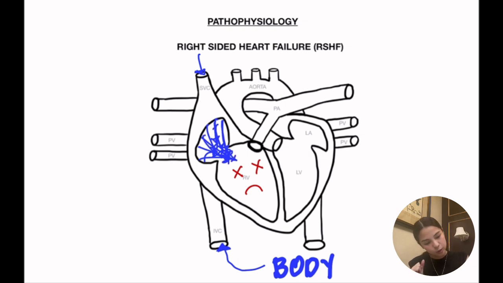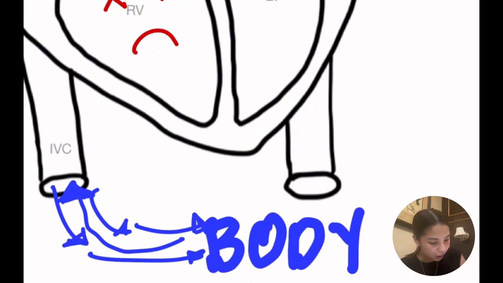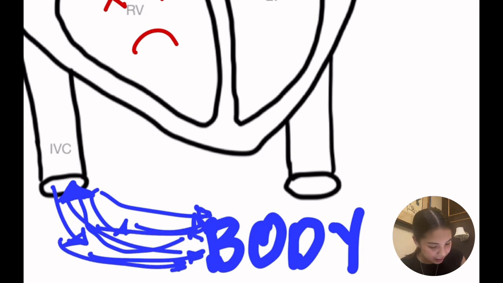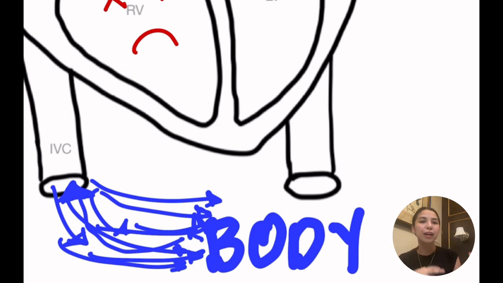So instead, it goes back. Backflow of blood into the superior vena cava, into the inferior vena cava, into the rest of your body. So you have a lot of deoxygenated blood that exists in our body. It goes back to your liver, it goes back to your kidneys, it goes back to your veins.